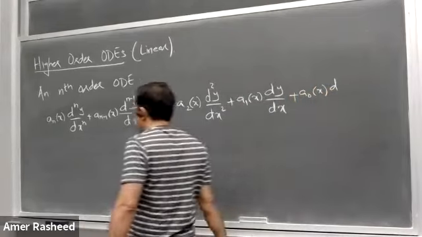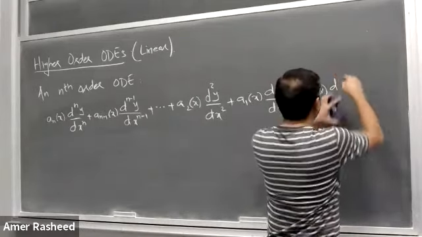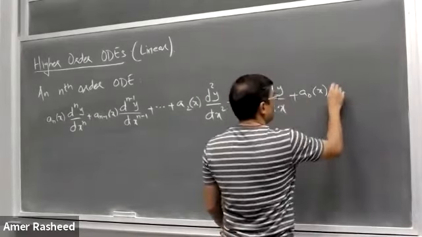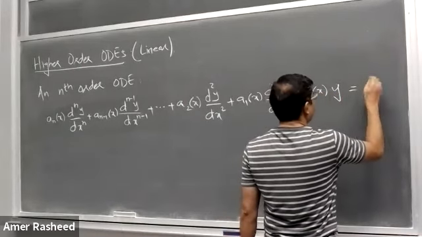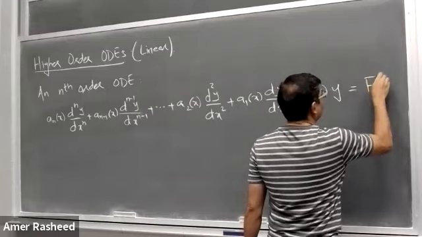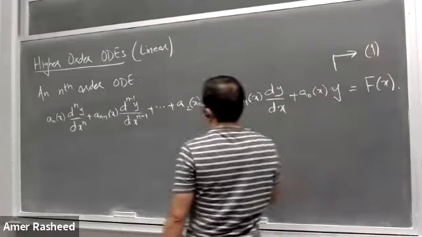There is no derivative here. It's only y, or you can say d^0 y/dx^0, or simply y of x. And the right hand side is some function of x, f of x. We call this equation 1.